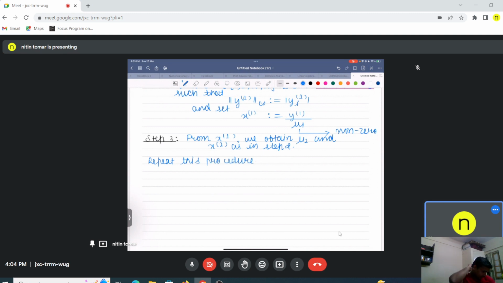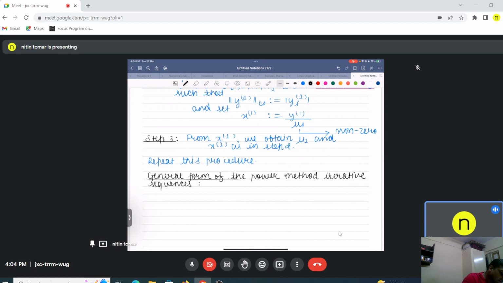Okay. So we write down the general form of the power method iterative sequences.